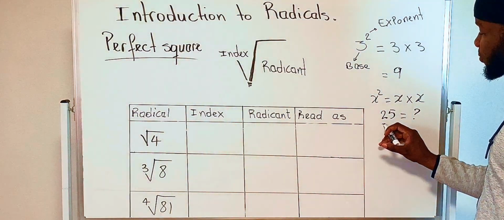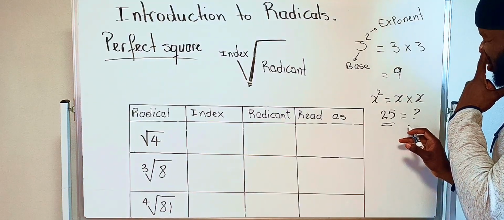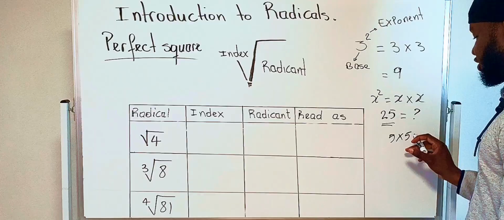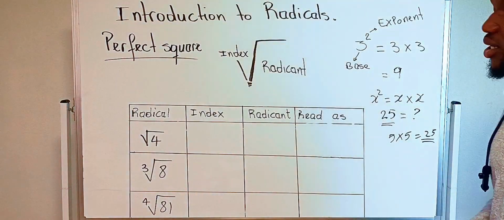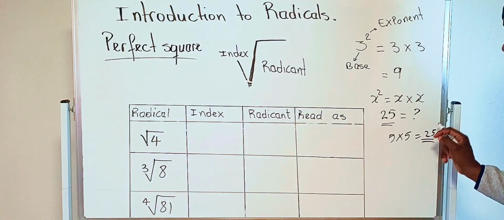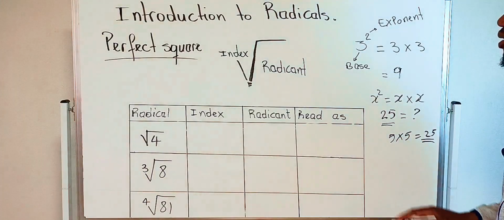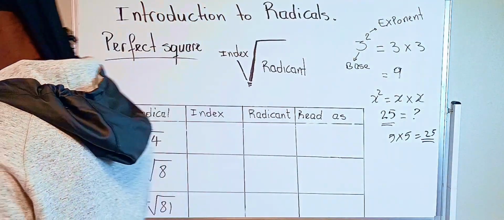So let's see if I can find two identical numbers that give 25 when I multiply them. I know 5 times 5 gives me 25. That means 25 is a perfect square, since it is the product of two identical rational numbers. So this is a perfect square.